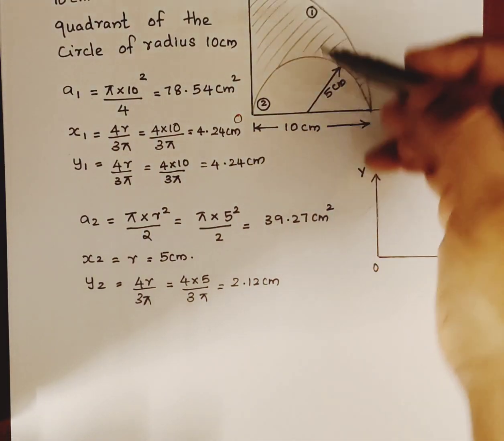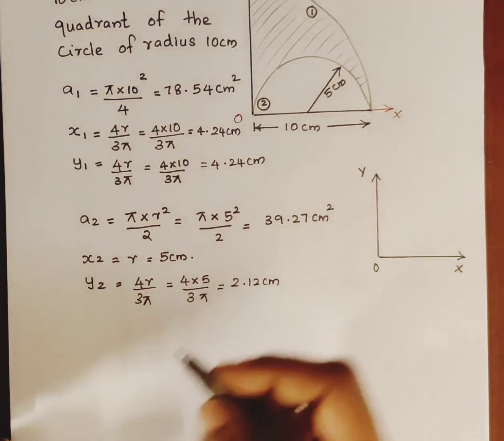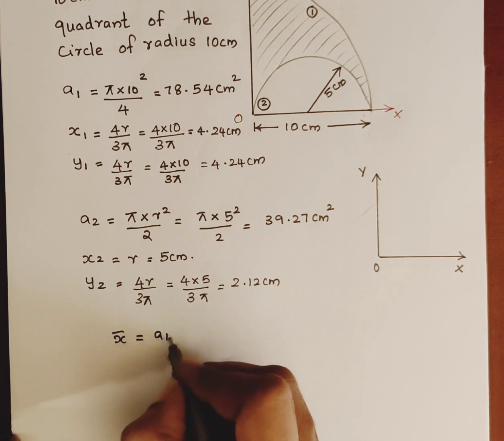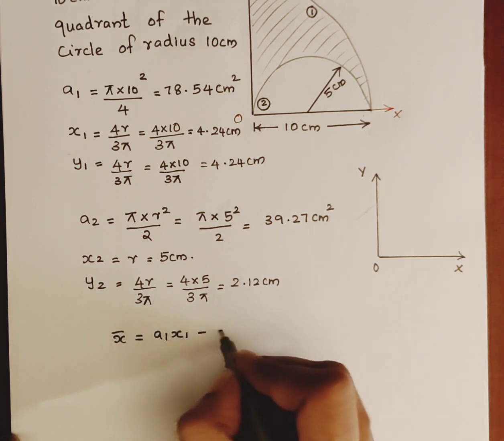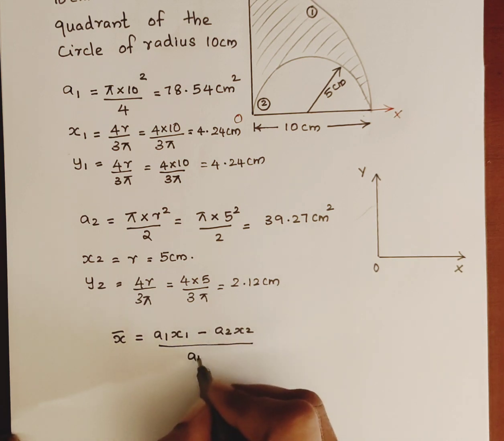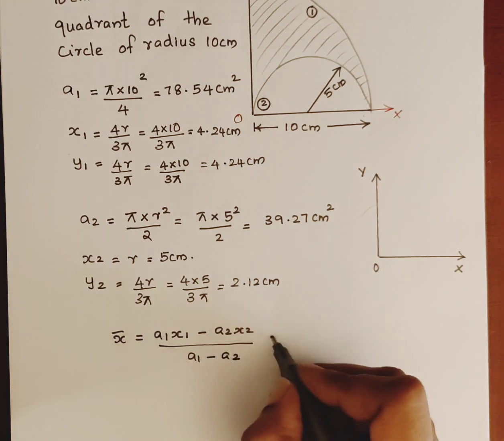So here you are calculating the centroid of the shaded portion. Your equation is x bar is equal to a1 x1 minus a2 x2 divided by a1 minus a2.